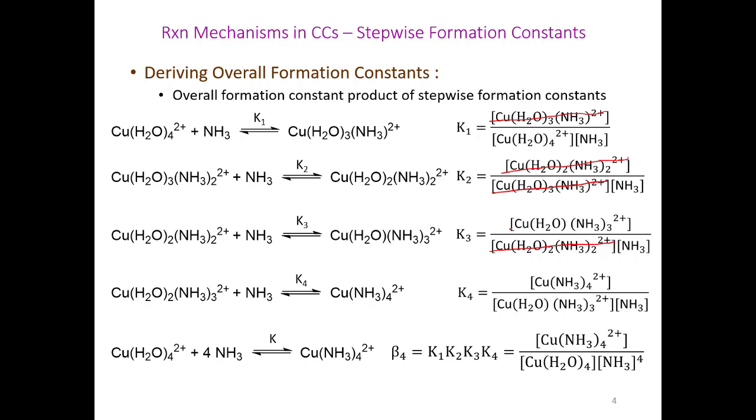And similarly, when you multiply K3 times K4, these terms cancel out. So overall, on top, you end up with tetraamine copper 2. And then underneath, you end up with your first starting material, tetraaqua copper 2, and ammonia to the power of 4.